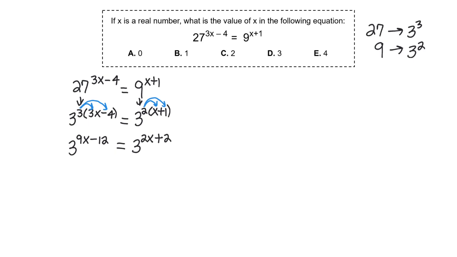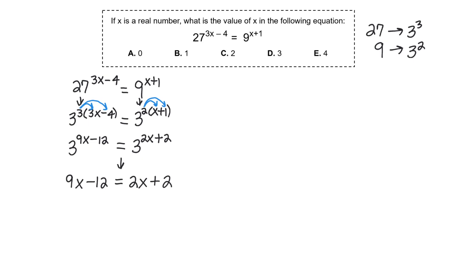Now that the bases are the same, we can set the powers equal to each other. So in order for both sides to be equal, 9x minus 12 has to equal 2x plus 2.